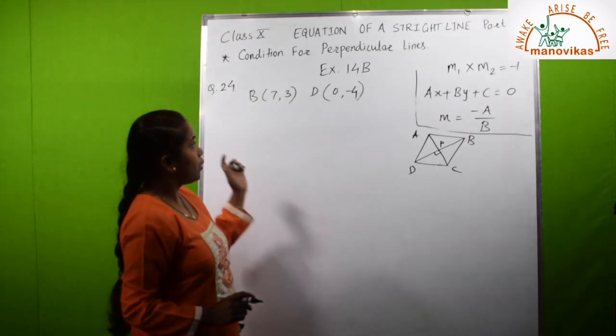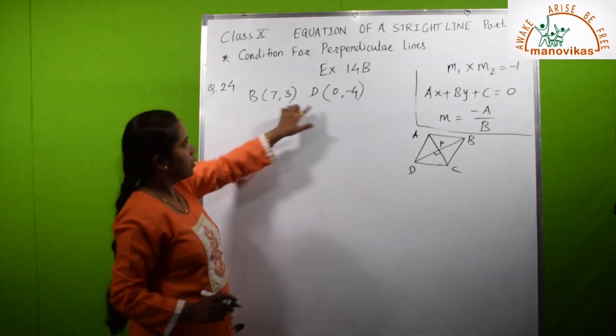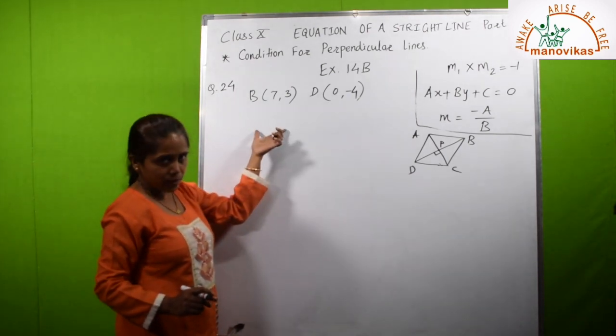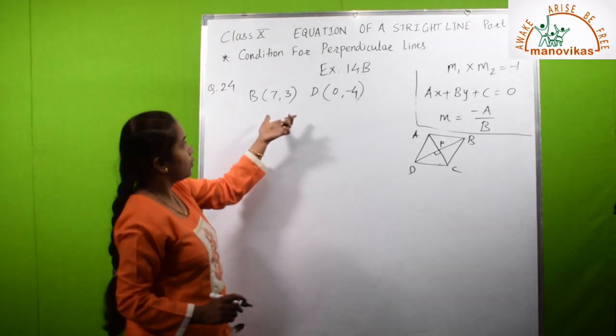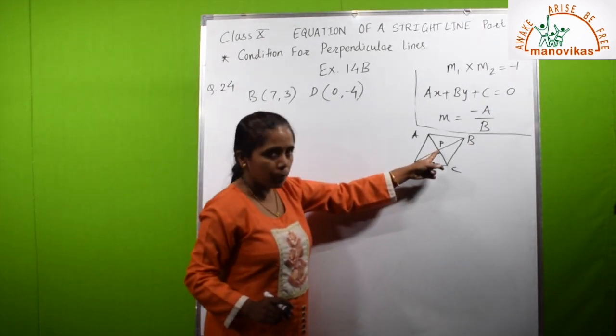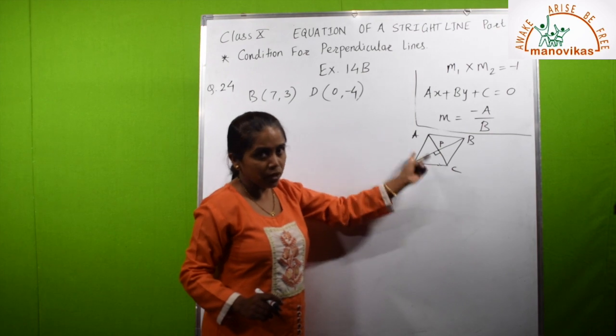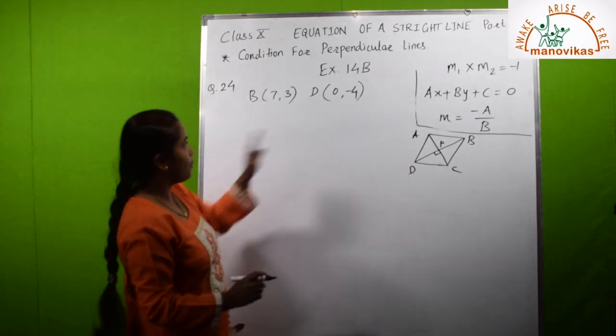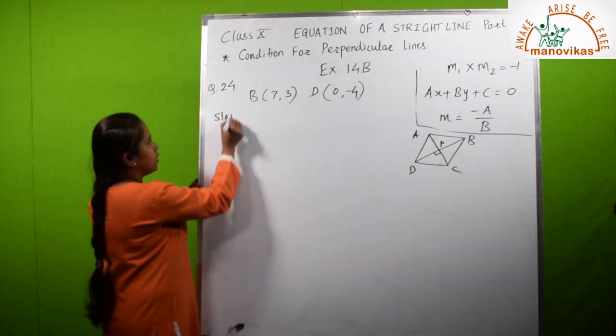So here we have to find the first slope value, then we'll get the slope of AC. Also we have to find the midpoint of BD, so you will get the coordinates of the point P. And using the point and the slope, we will get the equation of AC. Now first we'll find the slope of BD.